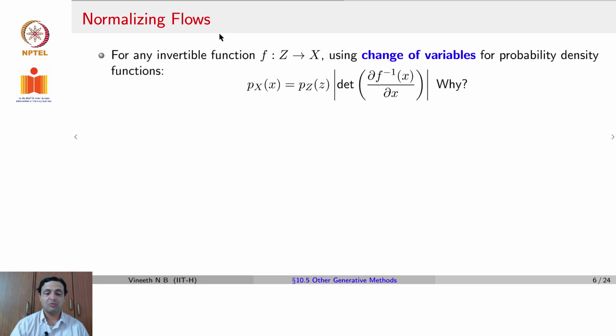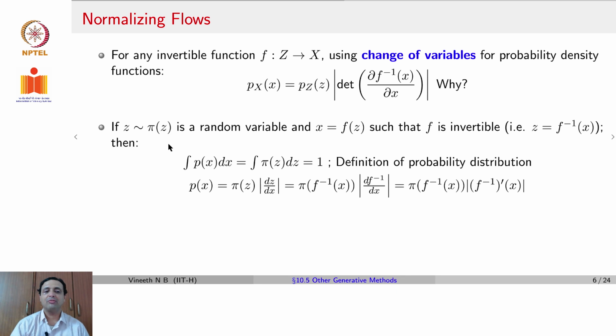For any invertible function f from z to x, using change of variables of probability density functions, we can write p_x(x) is p_z(z) times the determinant of ∂f⁻¹(x)/∂x. Why? It's not difficult to show.